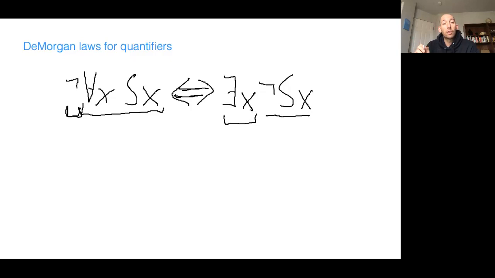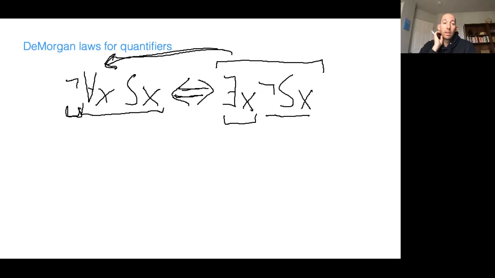Notice that this works not just left to right, but also right to left. If you start with an existentially quantified sentence, you can convert that into the negation of a universally quantified sentence. Sometimes you might find this really helpful.